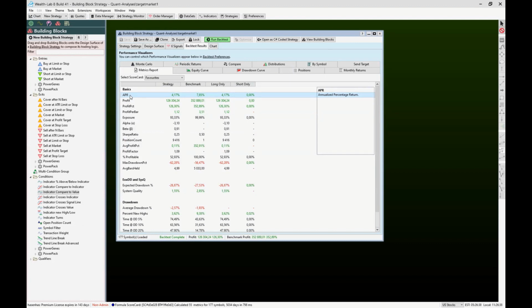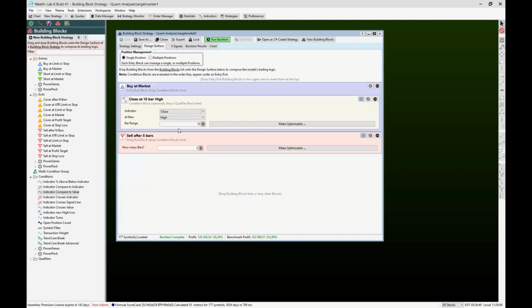Let's note this. That's the first simple pro-cyclical approach to our stock market trading, because we are buying if the price makes a new 10-day high. It's a first try, very simple.